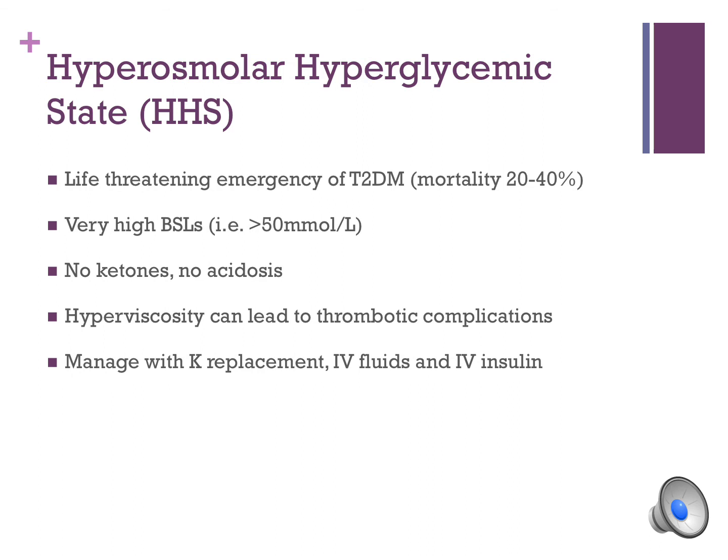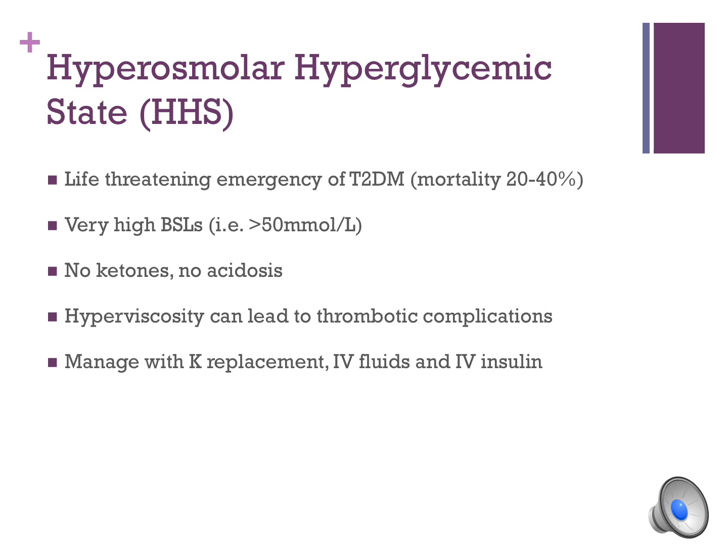In patients with high blood sugar levels, it's also important to consider hyperosmolar hyperglycemic state, or HHS. This is a life-threatening emergency that affects patients with type 2 diabetes, so will not be applicable to case 4, as case 4 is of a type 1 diabetes patient.